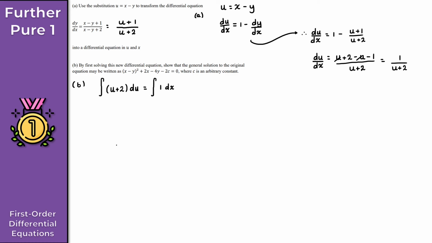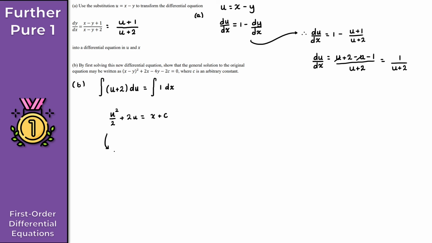Okay, so now let's just evaluate these integrals. Again, pretty straightforward, it's just basic A-level maths. I get u squared over 2 plus 2u is equal to x plus c. And at this point, wherever we see a u, let's just replace that with the original substitution.